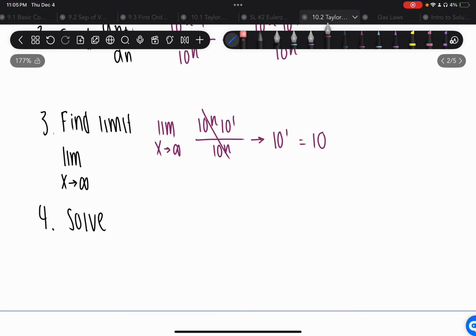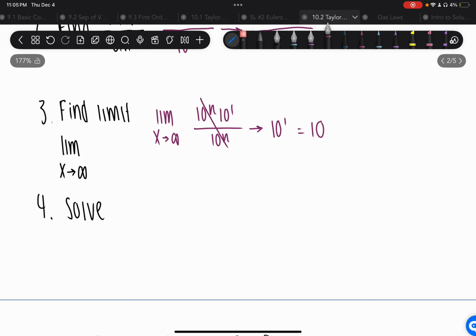Okay, so step 4 is to solve and interpret our results. When I solved for my limit, I got an answer of 10, which is greater than 0. So my 10 is my L, and then my R would equal 1 over 10.